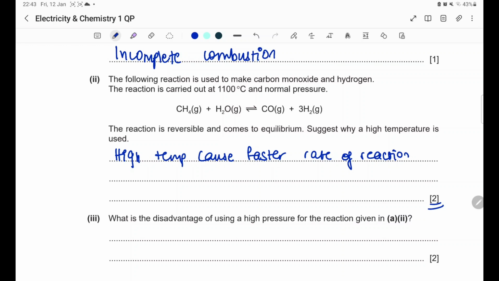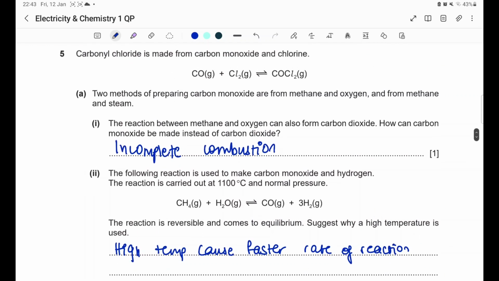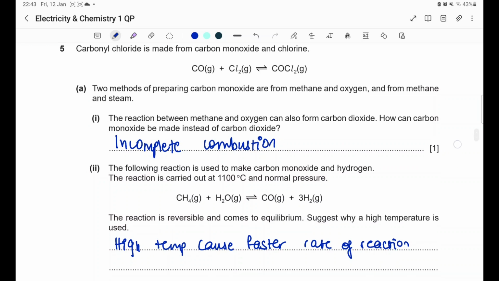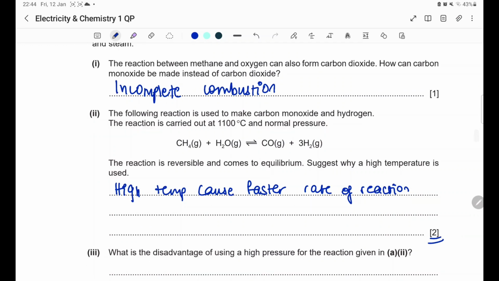And secondly, they have not given you any means of knowing if this is an exothermic or endothermic reaction.